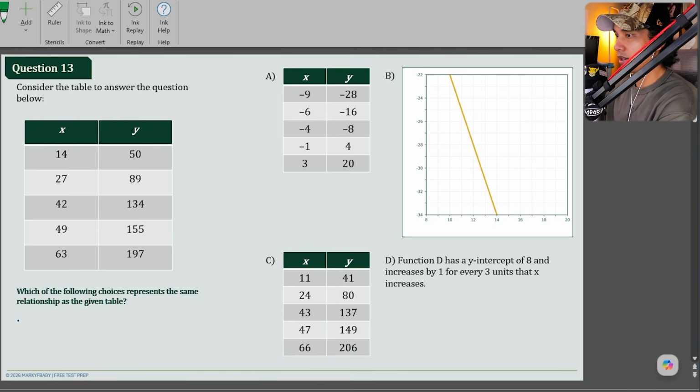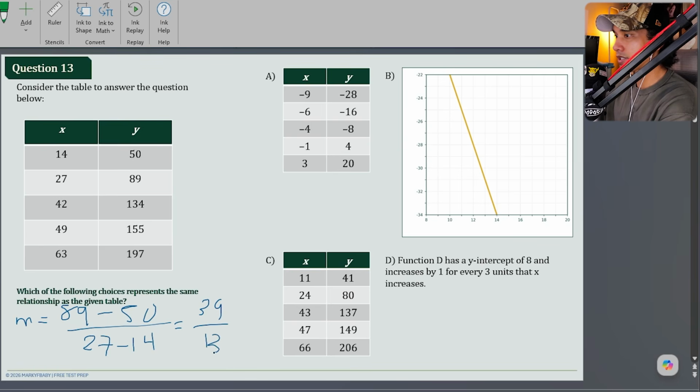So m equals, and we'll choose 89 minus 50 over 27 minus 14. This equals 39 over 13, which equals 3. So m is equal to 3.